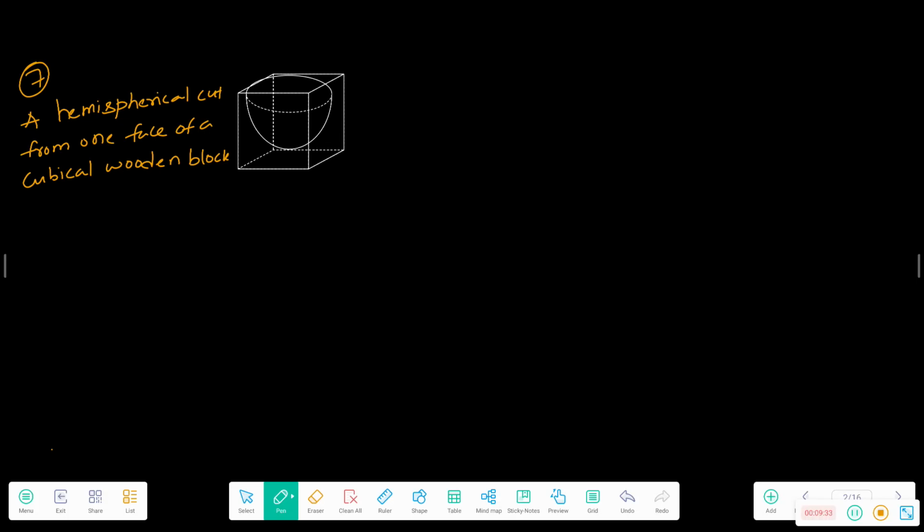So it was carved out. Now we need to find the total surface area of the remaining solid.